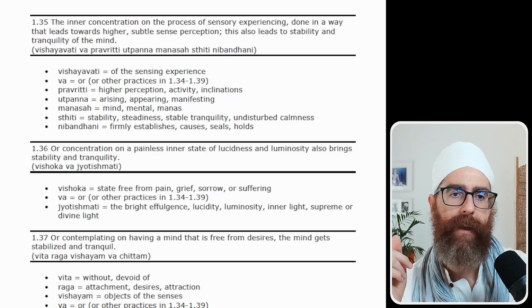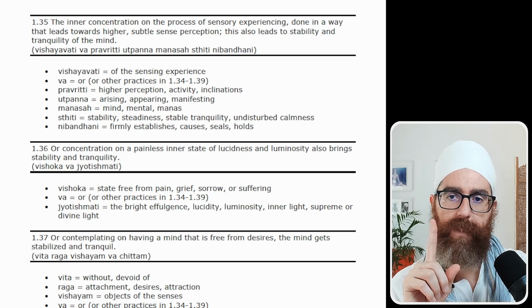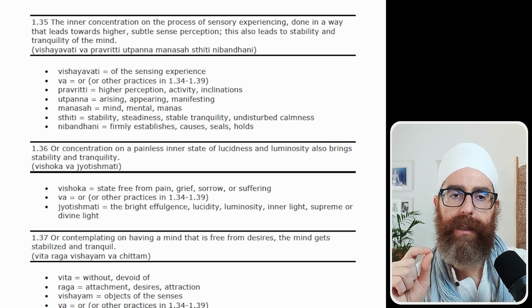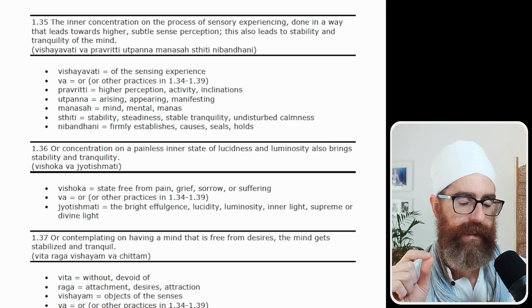Okay, 1.35. The inner concentration on the process of sensory experiencing, done in a way that leads towards higher, subtle sense perception. This also leads to stability and tranquility of the mind. Sensory experiences, senses.